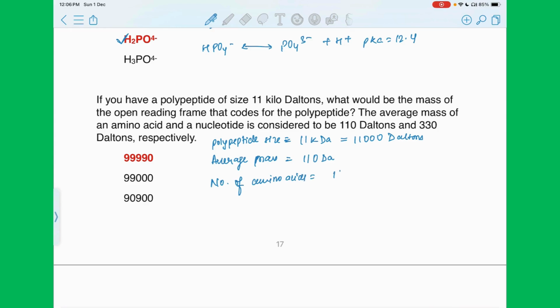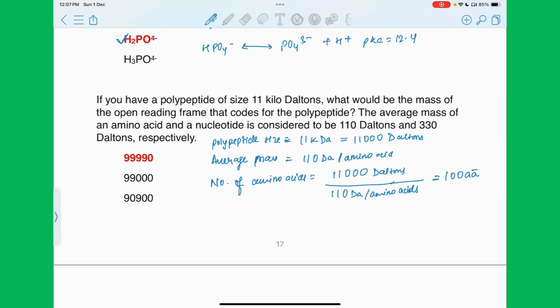So the number of amino acids will be equal to 11,000 daltons divided by the average mass of an amino acid, 110 daltons per amino acid, which will be 100 amino acids.